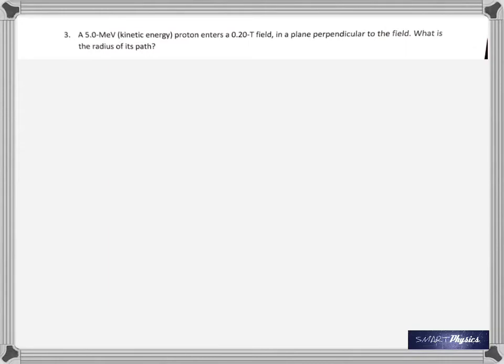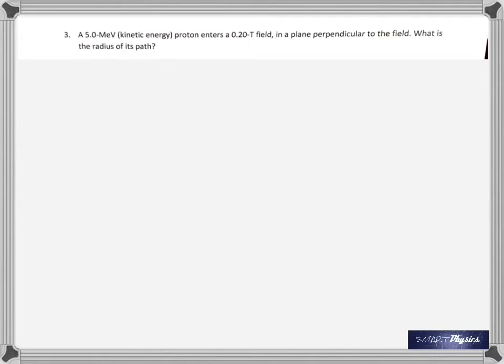And whenever any object makes a circular path, a centripetal force acts on it. In this case, the centripetal force is equal to the force on the charged particle. So we have the formula for force on the particle, and we're going to use that.